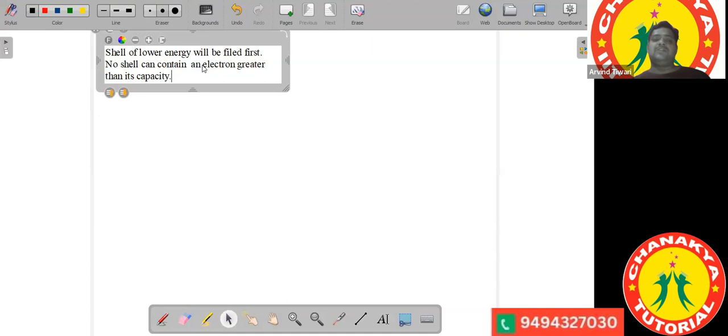Suppose it has the capacity of holding 2 electrons only, so it will hold 2 electrons only. It cannot hold more than 2 electrons. So this is the meaning of: no shell can contain electrons greater than its capacity.